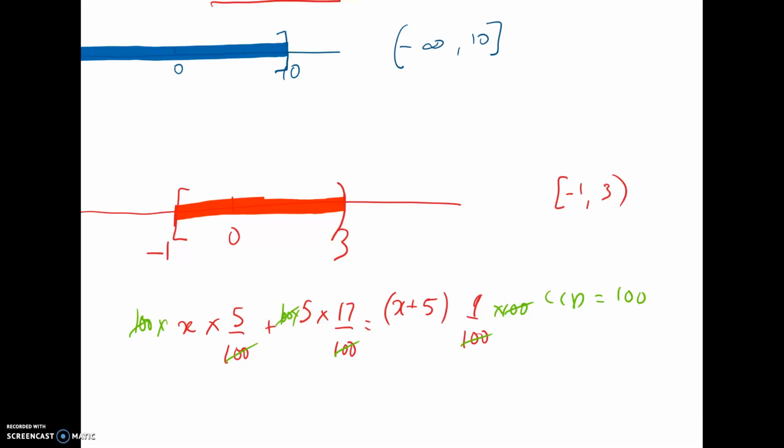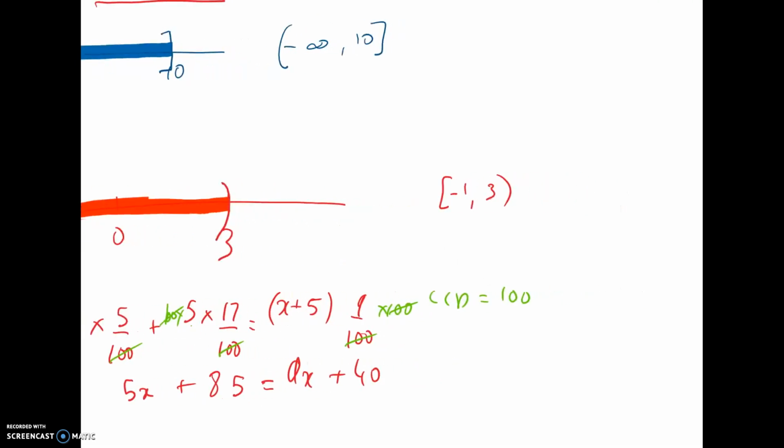So my equation becomes 5x plus 5 by 17, which is 85, equal to 9x plus 40.